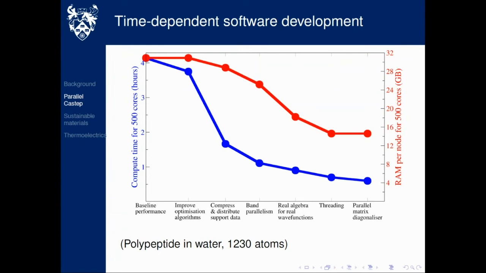And you can see that overall, we've got a speed up of around about a factor of 8. In red, we have the memory overhead, which is increasingly important and relevant to materials simulations. And you'll see that that has not improved by as much as the time, but it's gone down by a factor of a little bit over 2 in its RAM per node. And the biggest one is just being able to do some shared memory here.